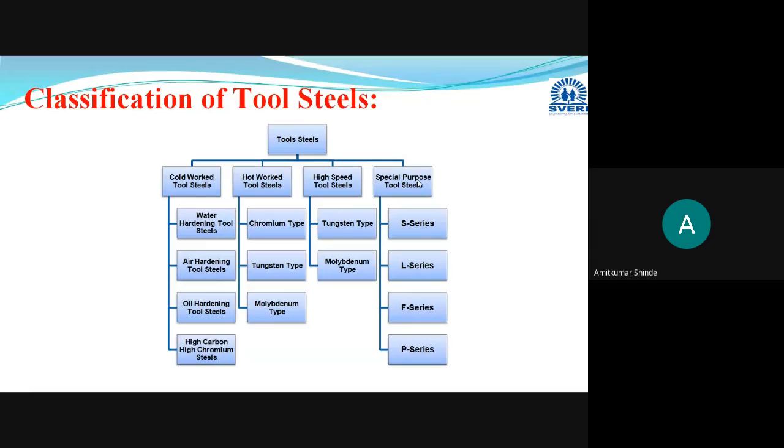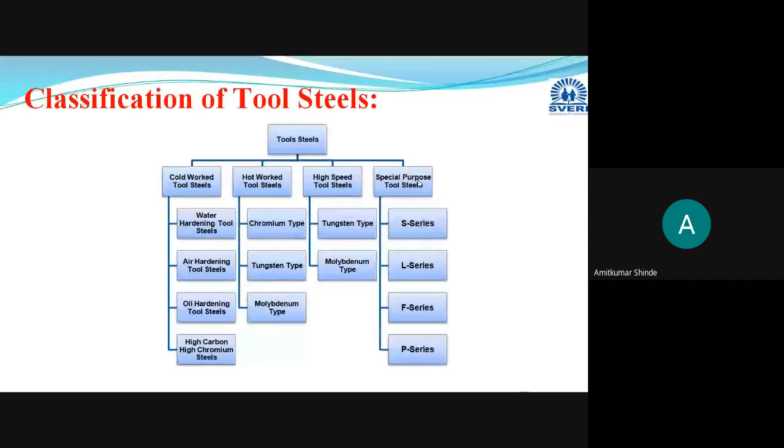Whichever applications are there, we will discuss later. Just try to understand the names. S series means shock resisting tool steels. Then L series is low alloy tool steels. Then F series is carbon tungsten tool steels, and P series is known as the mold steels.